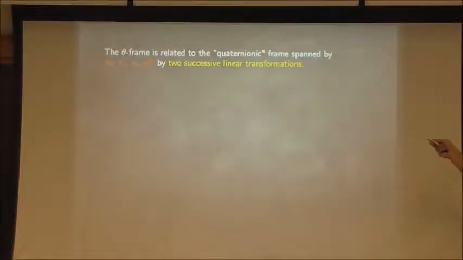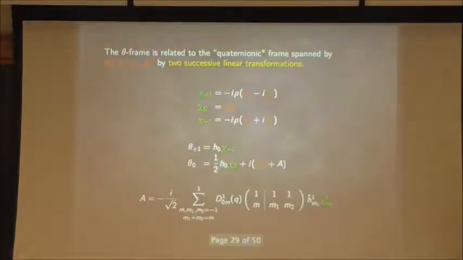The theta frame is related to the quaternion frame, given by these 1-forms, by 2 successive linear transformations, and I'm going to write them here. They're not particularly pretty. You just go from 2 sigmas. You see, the 3rd sigma doesn't even show up, so things take care of themselves. To the green basis, and then the thetas are expressed in terms of the green basis through these formulas.